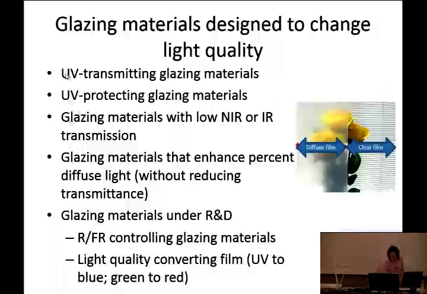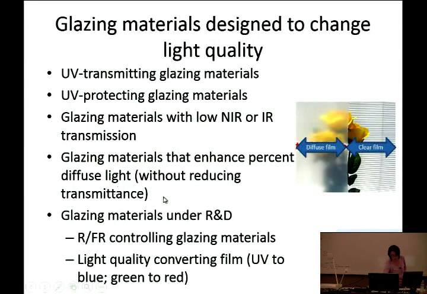There are UV transmitting glazing materials. Some glazing materials transmit more and some less, and then plants would respond to that. And for near-infrared transmission, some materials are very low, so that the thermal property is better. You will learn better probably on Wednesday why.